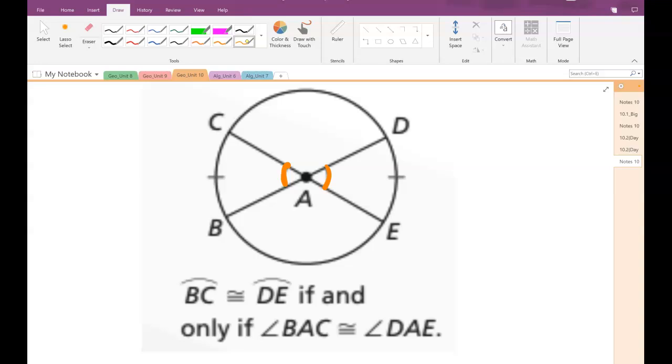So if those are congruent, then these two arcs are congruent as well. So you'd read this as arc BC is congruent to arc DE if and only if the central angle BAC is congruent to the central angle DAE.